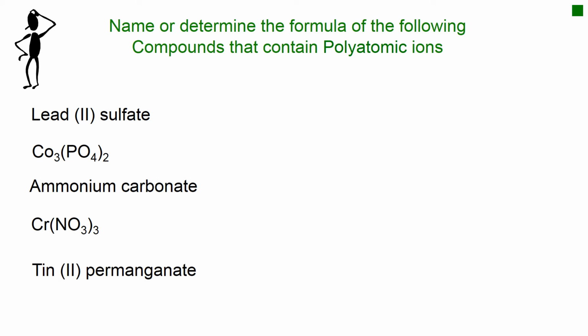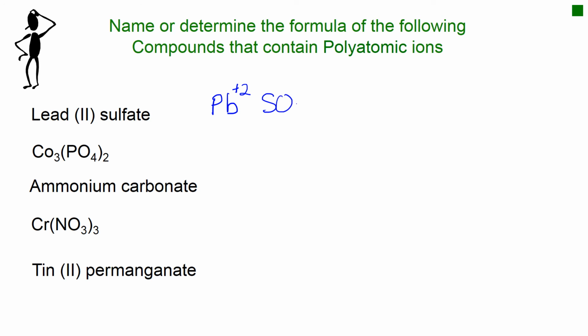Okay, just a couple quick quiz questions. And now we're going to do one more practice example for you. So lead 2 sulfate. Lead is Pb. I always want to write L. Pb. The 2 means it's got a +2 or a 2+ charge.